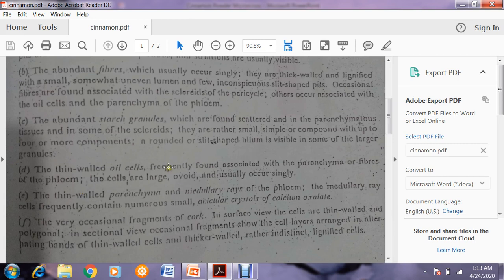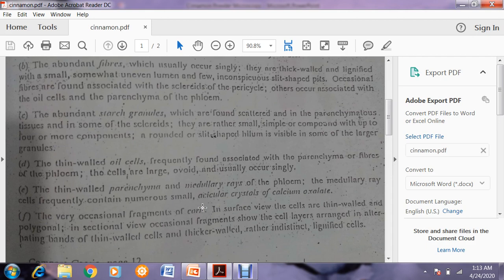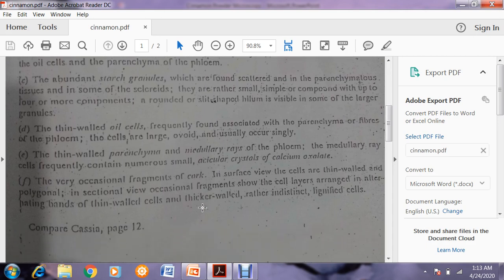They may be present alone or they may be associated with parenchyma or fiber of the phloem. Then thin-walled parenchyma and medullary ray of the phloem are also seen. They contain different crystals of calcium oxalate. The last diagnostic feature mentioned is the cork, occasionally fragments of cork.